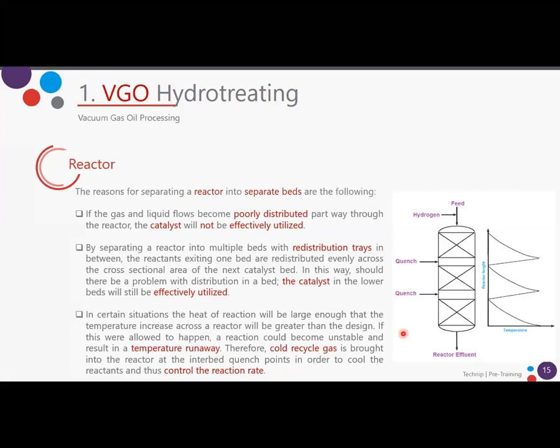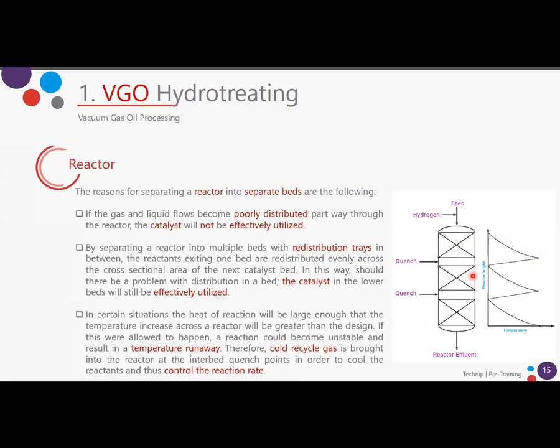So in this drawing, you have the feed, you go through the catalyst, and you have the quench. You see this diagram of temperature versus the reactor: the temperature increases because of the exothermic reaction, but then the flow is mixed with the quench, so the temperature decreases.